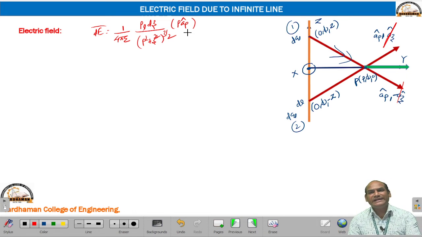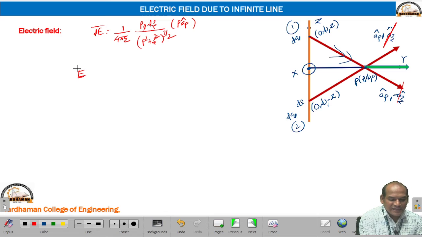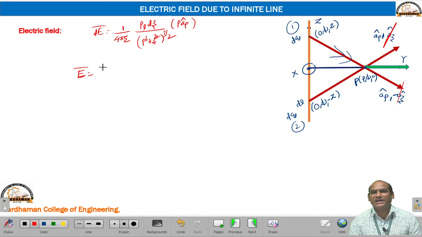Now, we need to do the integration to have the total electric field. This is just a differential electric field only, due to the two differential charges, dq available at 0 phi z, another dq available at 0 phi minus z. Now, if you integrate this with respect to z from minus infinity to plus infinity, you will have the E bar, the total electric field at the observation point due to the infinite line charge.